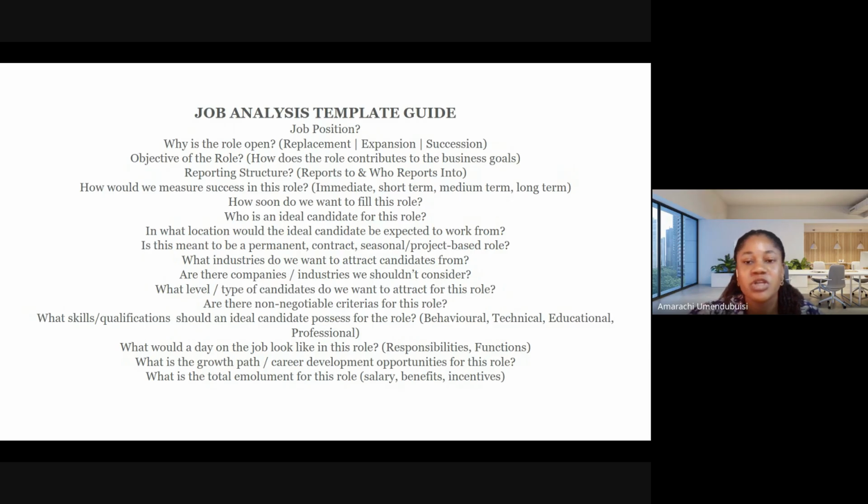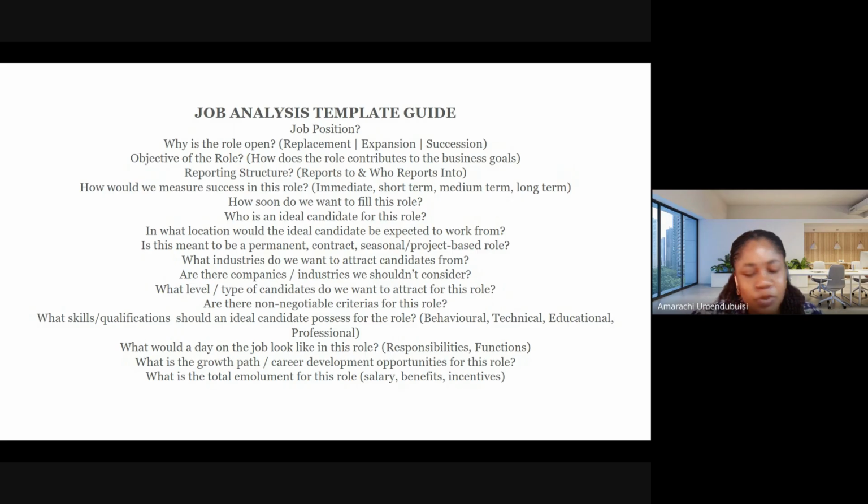So if, for example, a role is expected to report into the managing director, right? Again, you don't just want anybody who cannot hold their own end, who is not accountable for their own actions, to report into the managing director. That person will be a body on the managing director. So it helps you to even know what kind of leadership skills this person or these people would be required to have for them to fit into the role.